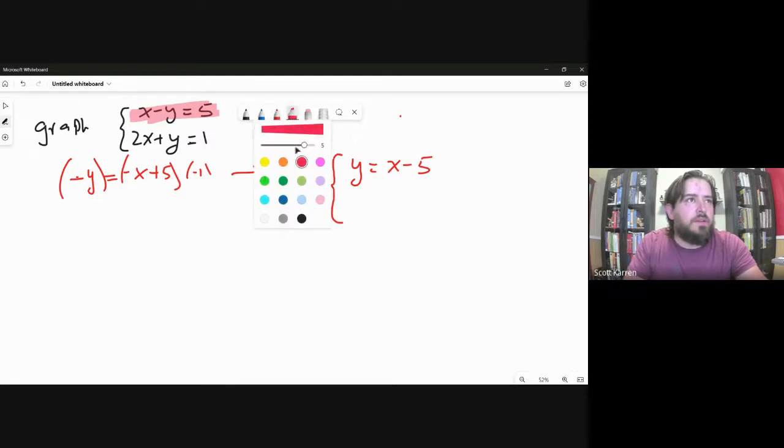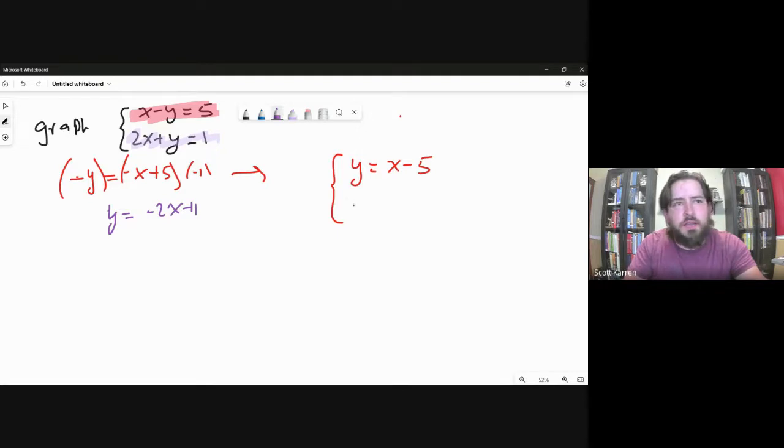On the other one, I'm going to subtract 2x from both sides, which leaves me with y equals negative 2x plus 1. I'm going to leave it like that, because now I have both of these in y equals mx plus b, which is the slope-intercept form, and it should be easy to graph.